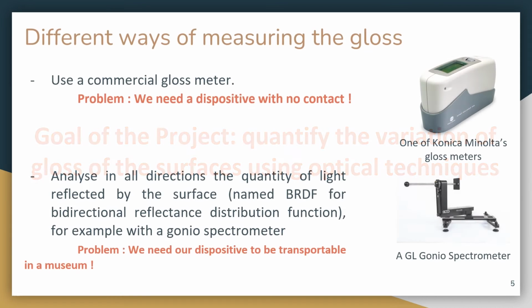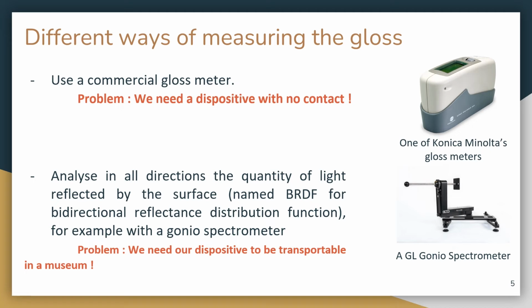So, in the market, there were already different methods to measure gloss. For example, we can use a commercial gloss meter, but the problem is that it's with contact, and so it will destroy the piece of art. Another solution is to use a goniospectrometer.